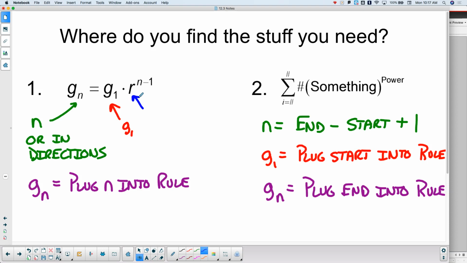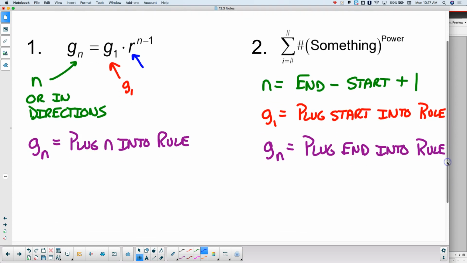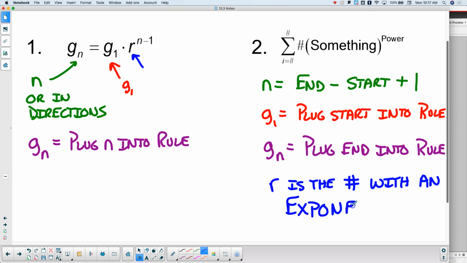In sigma notation, R is the term, or the number I should say, with an exponent in the rule.